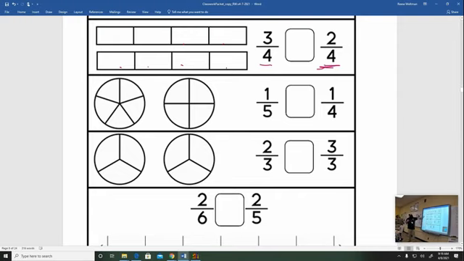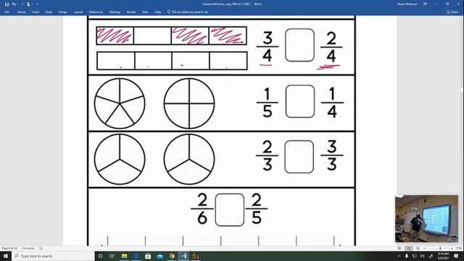Now, how many parts should I shade in for the top bar? 3 of them. You're right. Now, does it matter if I do something like this? Still means the same thing, right?